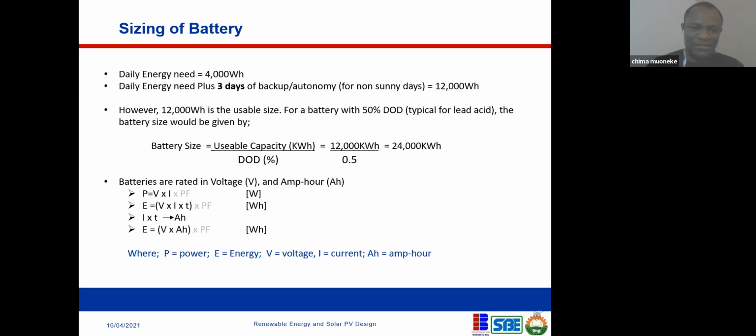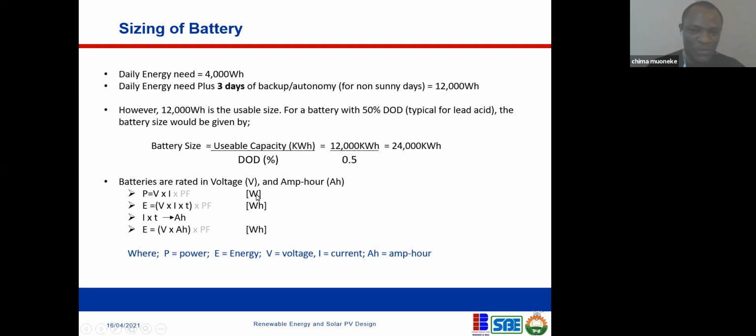Voltage times amperage is your apparent power, not your real power. To get your real power, you have to multiply by a power factor. That's why I have the power factor in faint color, but here we are neglecting it. I put it so that you become aware that voltage times current gives apparent power.